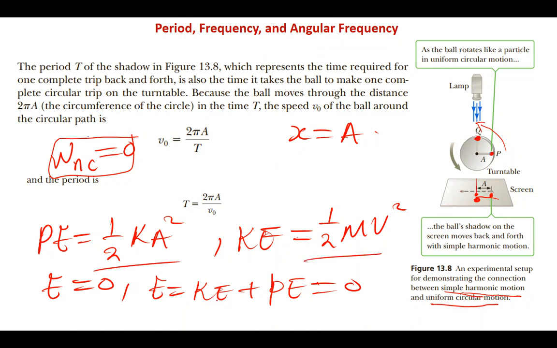But remember, the kinetic energy is changing. At this point, the kinetic energy is equal to 0. At equilibrium, the kinetic energy is maximum. At this other point, again, the kinetic energy is 0 and the potential energy is maximum, but at the point of equilibrium the potential energy is equivalent to 0.